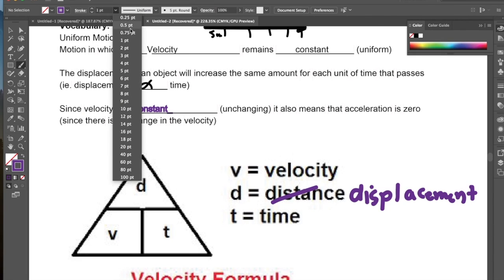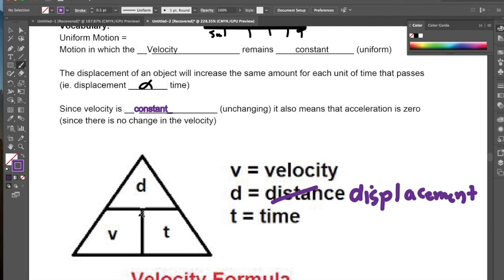You may or may not have seen this before, but if we want to find velocity, velocity is equal to displacement over time. Let's say we wanted to find the displacement of an object. If we know the velocity and the time, we could find displacement by multiplying velocity times time.